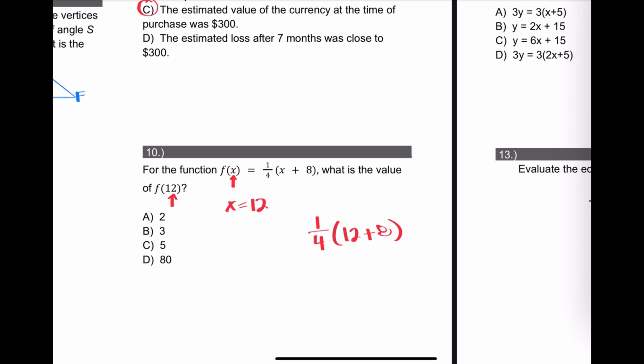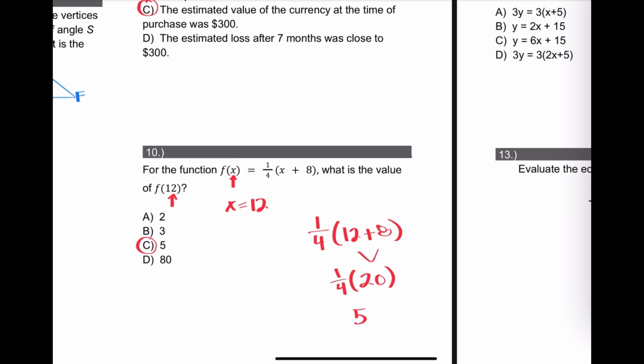So we have to do the parentheses first. 12 plus 8 is 20. And 1/4 of 20, you could punch that in a calculator or just know that off the top of your head. 1/4 of 20 is 5. Multiple choice is nice. We know that my answer is C there.